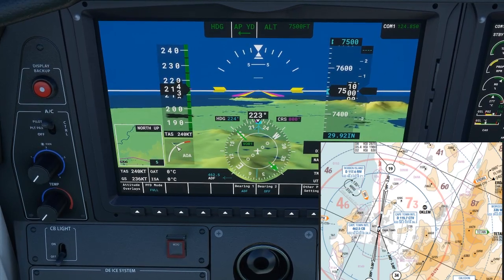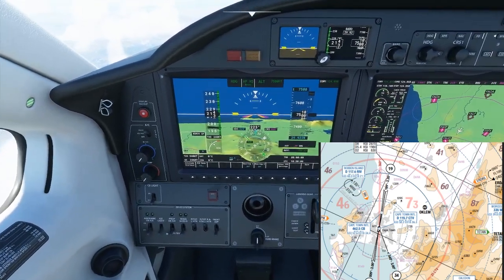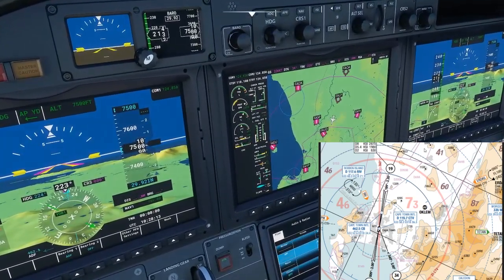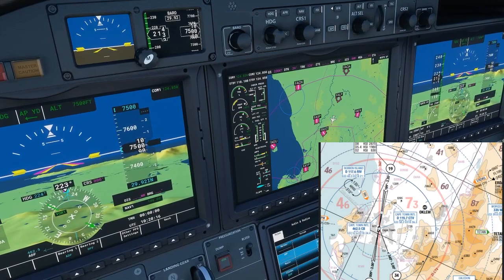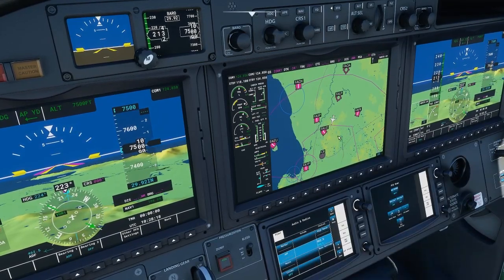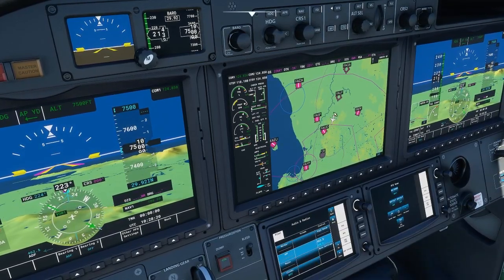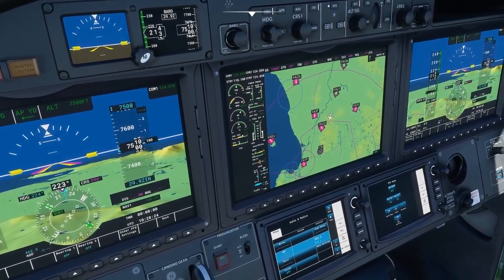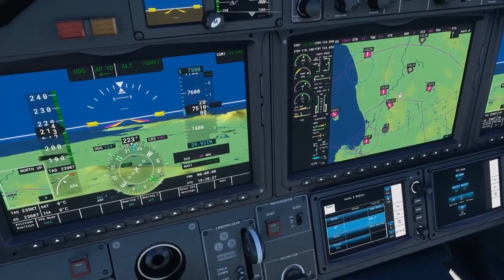Bit rubbish that you don't have any distance information, but because we have a lovely big screen here, we can use that. We can see that we are, take that away again, just to the northeast as we expected. More northeast actually than what I thought, but I didn't put a compass on the chart. But you can see the direction we're coming in from.